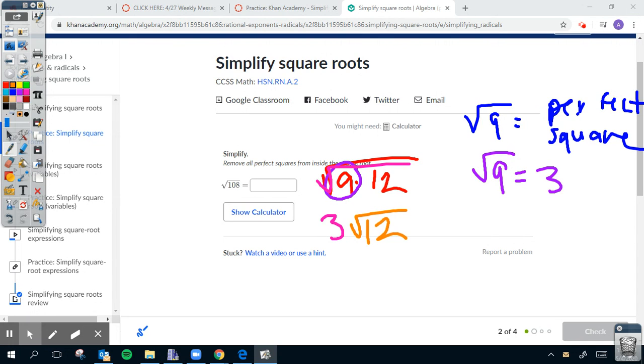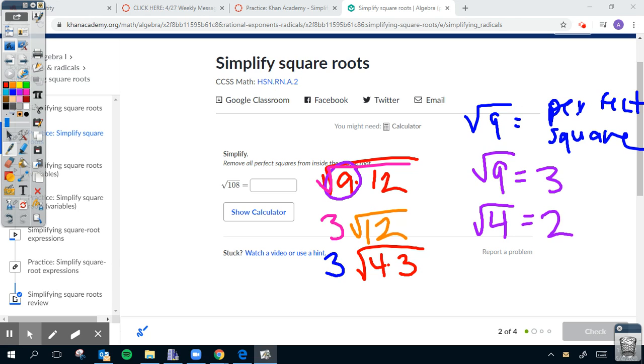Now I ask myself the same question, is there a perfect square that goes into 12? And I know 4 goes into 12, and that 4 is a perfect square because it equals 2. So I would rewrite this as 3 on the outside, and on the inside of the radical, I could write it as 4 times 3.